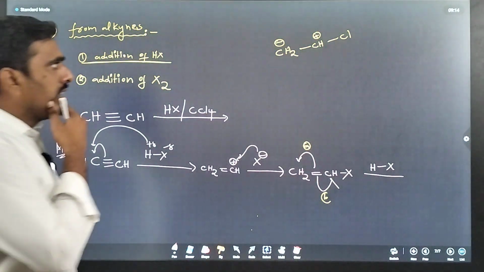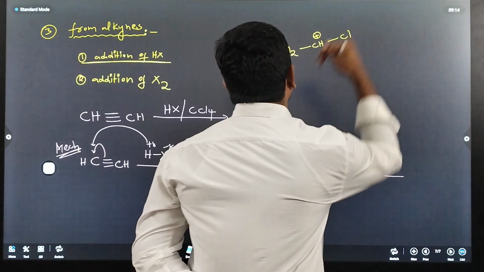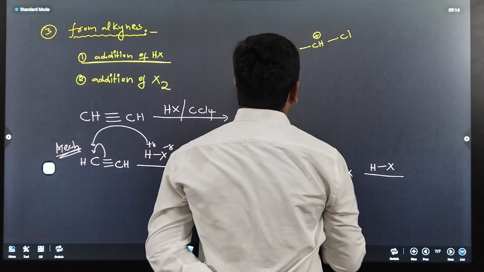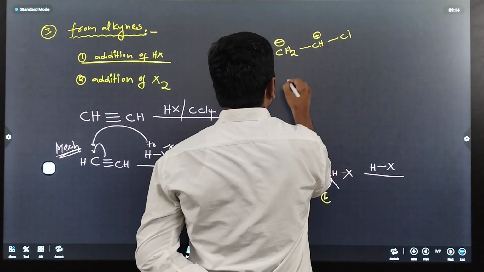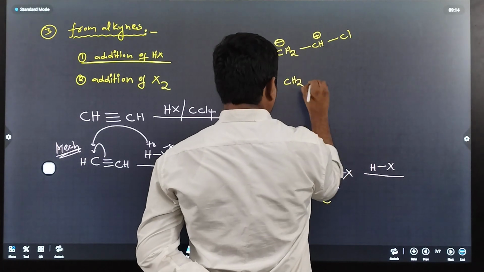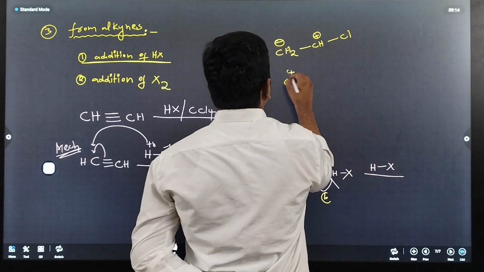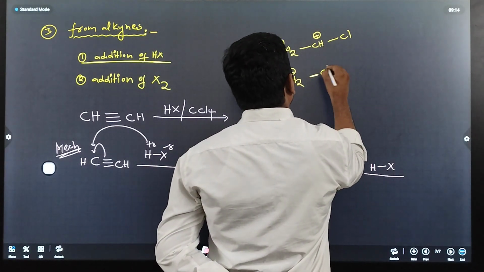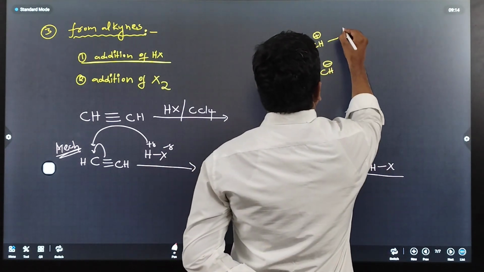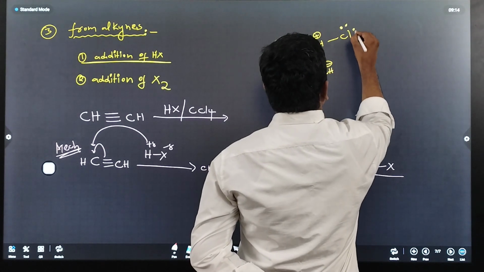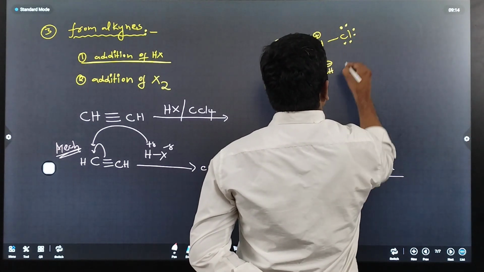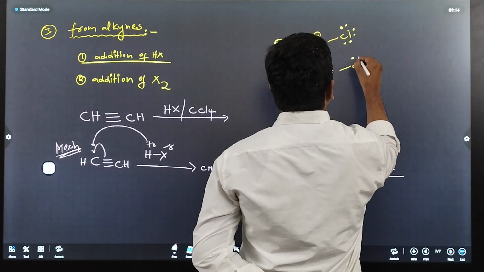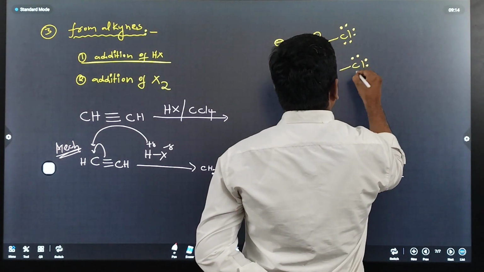In possibility B, this gets positive charge, this gets negative charge. Here chlorine has 3 lone pairs, and here also chlorine has 3 lone pairs.